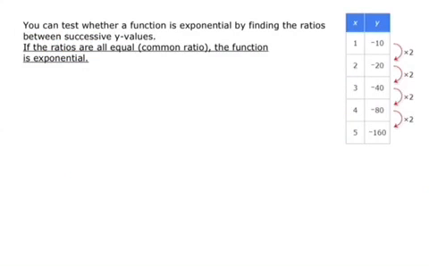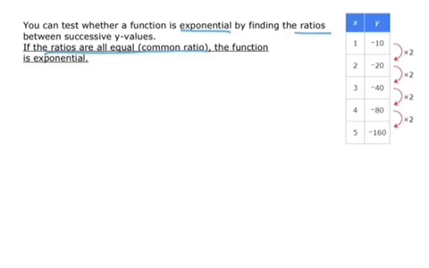The last thing you would need to know is how to figure out by a table whether or not something is exponential. In order to be exponential, you have to find the ratios between the y values. If the ratios are all equal, it means that they have a common ratio.